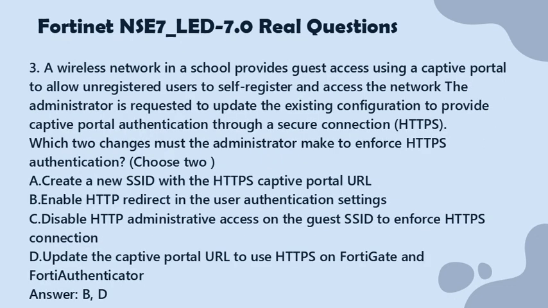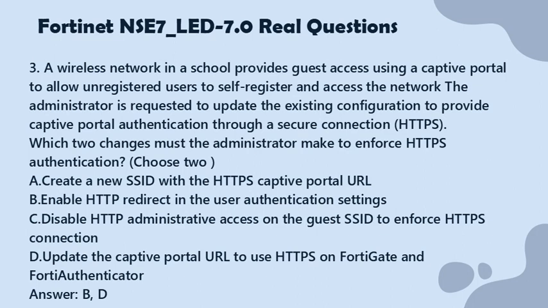3. A wireless network in a school provides guest access using a captive portal to allow unregistered users to self-register and access the network. The administrator is requested to update the existing configuration to provide captive portal authentication through a secure connection, HTTPS. Which two changes must the administrator make to enforce HTTPS authentication? Choose 2.